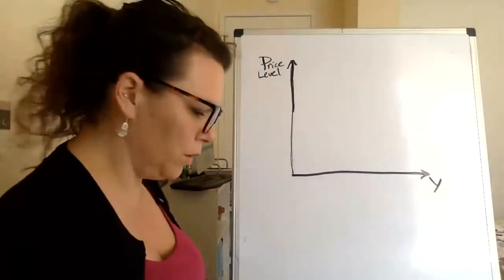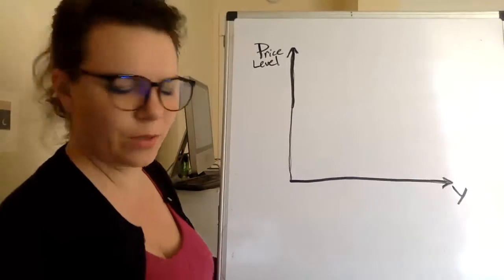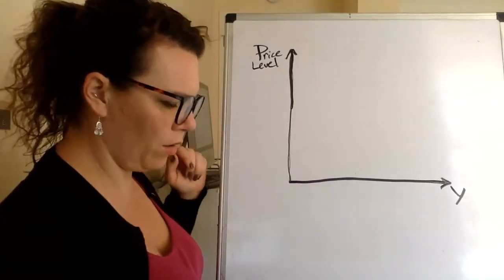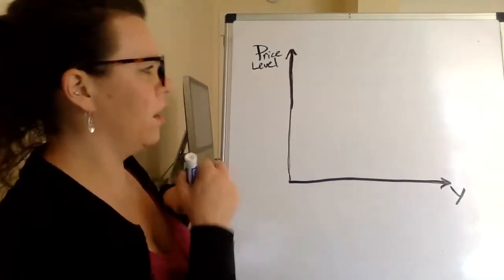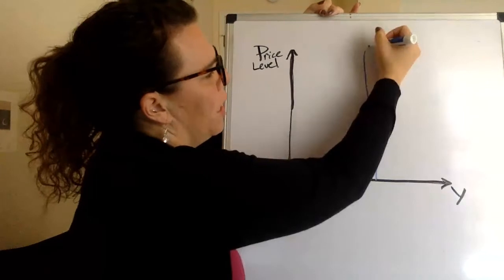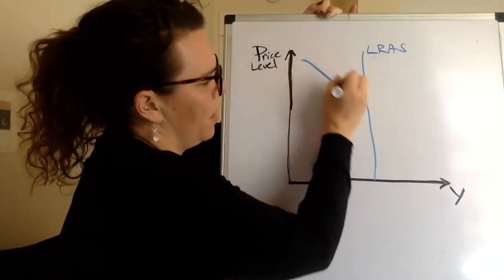And we want to start out in equilibrium with our long run aggregate demand, long run aggregate supply, our downward sloping aggregate demand.